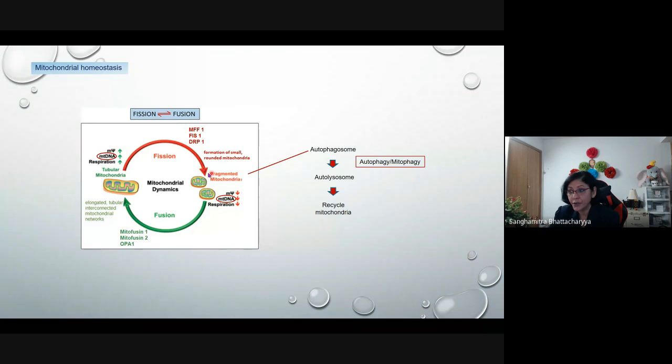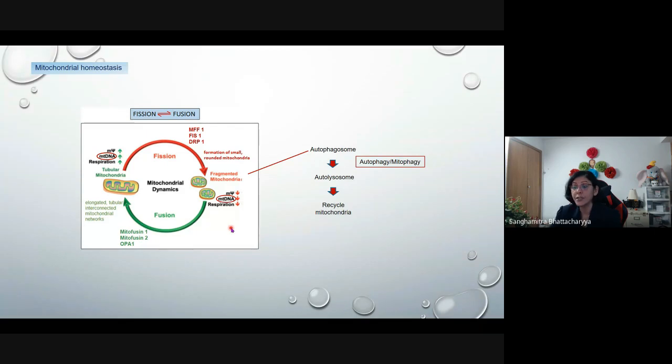When the mitochondria start fragmenting, there are three proteins again that become very much functional: the mitochondrial fission factor 1, FIS1, and DRP1, that bring out a low or defective mitochondrial potential, almost non-functional mitochondria or damaged mitochondrial DNA, and a very low or damaged cellular respiration.